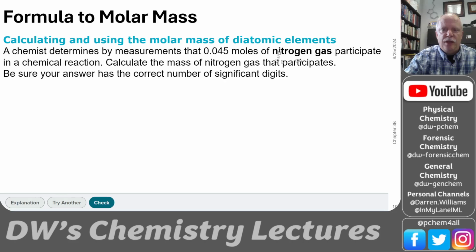Okay, so here's an example of that. We've got a nitrogen gas that participates in this reaction, and the chemist measures 0.045 moles of nitrogen gas. What's the mass of 0.045 moles? We're going to mass, and we start with moles. So how do we get out of moles and into mass? We need the molar mass, and this just says nitrogen gas, so we need to know that nitrogen gas means N2.